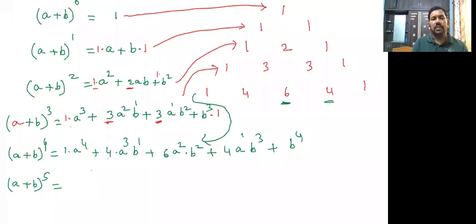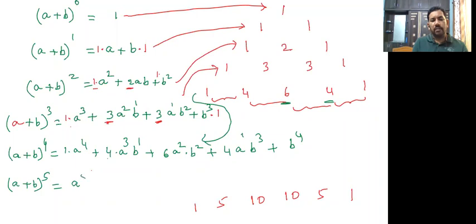See the Pascal triangle: 1, 1 plus 4 is 5, 4 plus 4 is 6... 6 plus 4 is 10, 4 plus 1 is 5, last one is 1. Now we can write the a plus b whole power 5 formula.